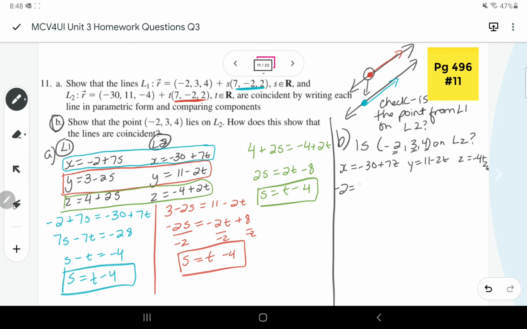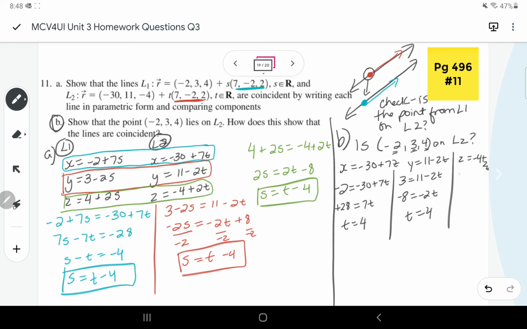So negative 2 equals negative 30 plus 7t. Positive 28, when I bring that over, equals 7t, so t equals 4. Doing the same here, if y is 3, 11 minus 2t, bring that over, negative 8 equals negative 2t, and t equals 4.